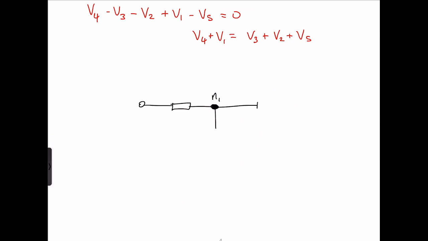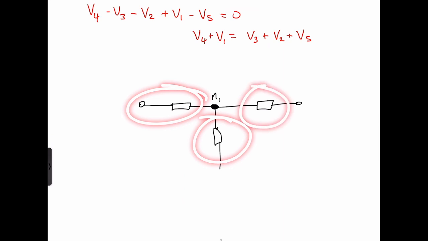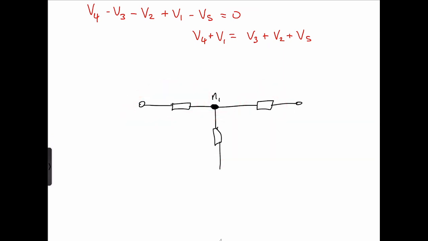If you wanted, you could put another resistor there, or another one here. So this now becomes a node. Here we have a branch, a branch, a branch. Now loops. In any circuit, a closed path is constructed by starting from a node.